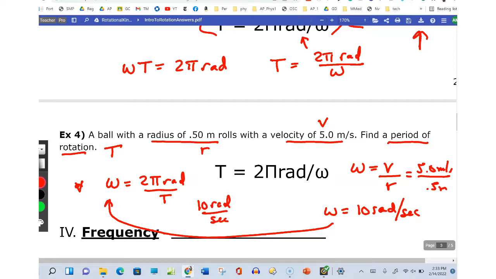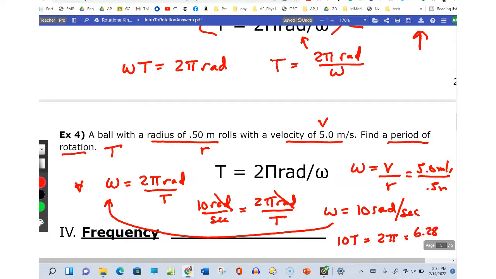The first thing I did is I found ω, 2 pi radians divided by T, and the radians cancel out. And so 10T equals 2 pi, and 2 pi is about 6.28.